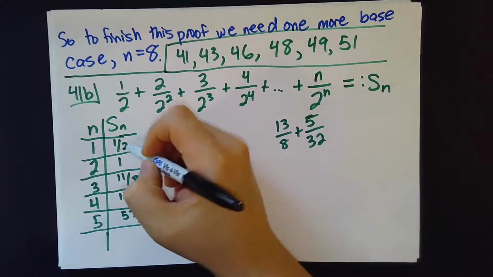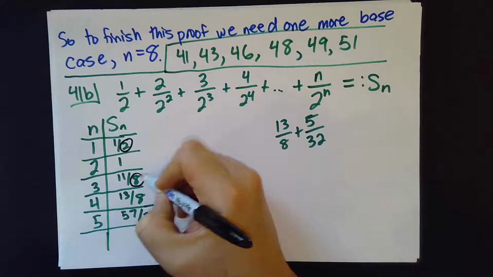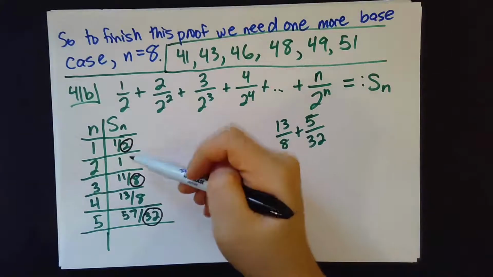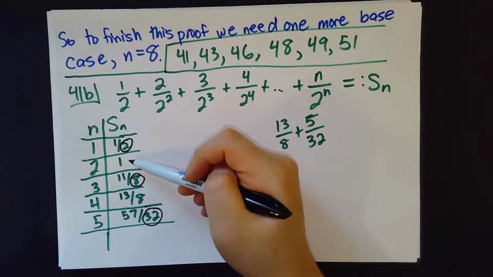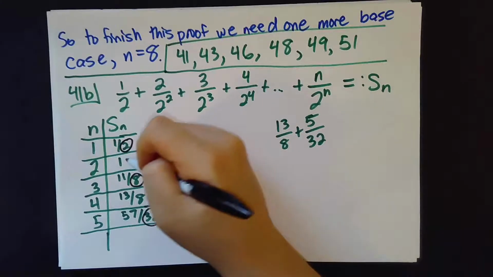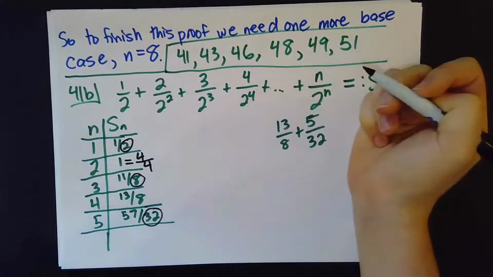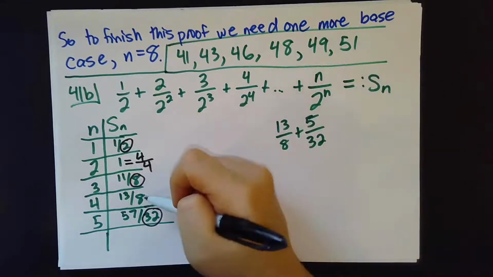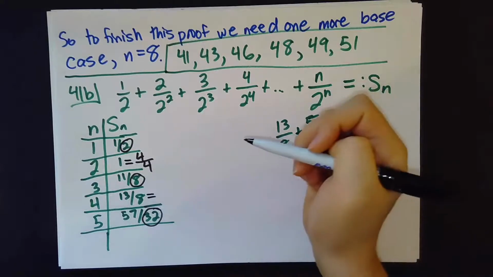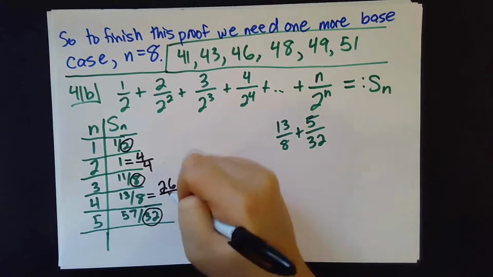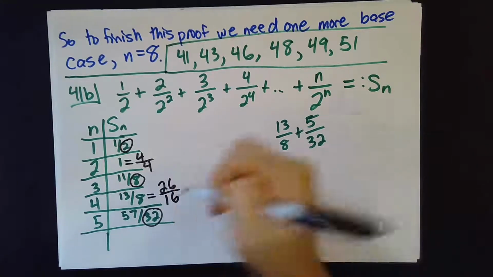But actually, if I look at this and this and this, I can kind of guess what the denominator is supposed to be here. Namely, the denominator here is supposed to be 4. So I'm going to rewrite that as 4 over 4. And likewise, the denominator here is supposed to be 16. So I'm going to write that as 26 over 16.